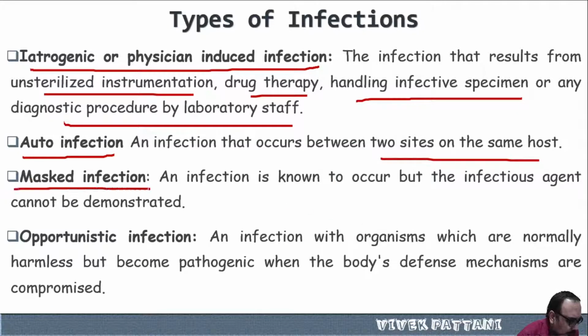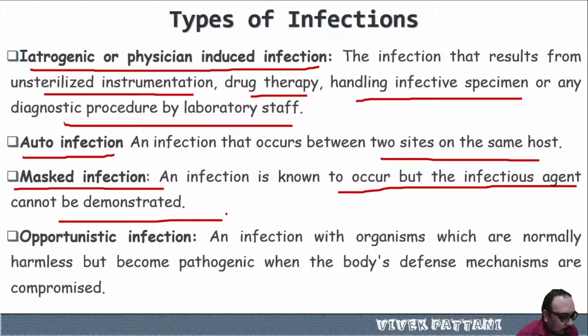Now the masked infection: an infection is known to occur, but the infectious agent cannot be demonstrated. We know there is some type of infection, but we are not able to demonstrate the pathogen.